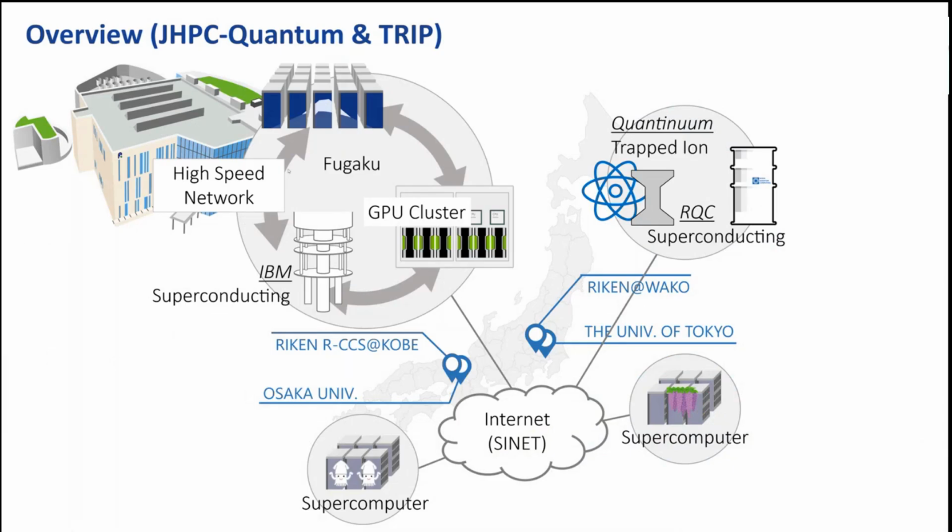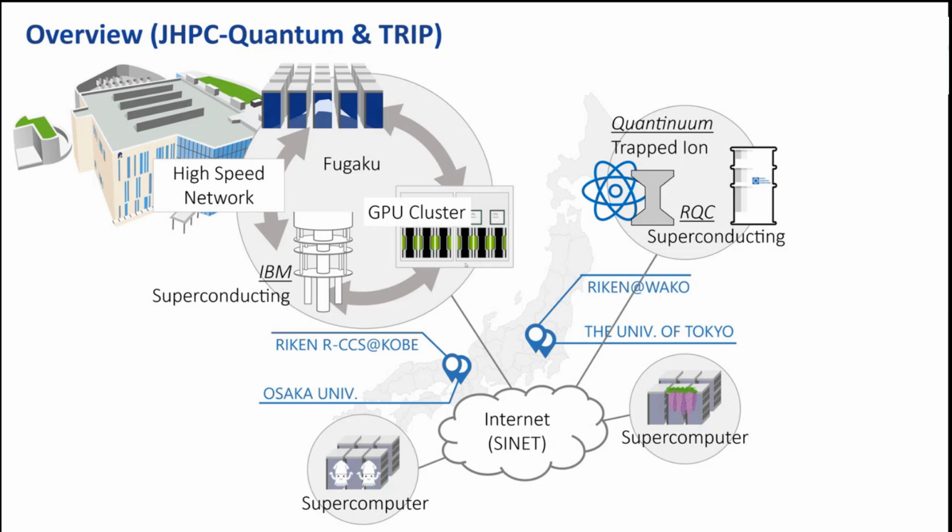First of all, I will introduce the diagram of our HPC and quantum systems in the RIKEN HPC quantum project. In Kobe, we have the supercomputer Fugaku and an IBM superconducting machine. Next spring, we will have a GPU cluster, mainly for quantum simulations.